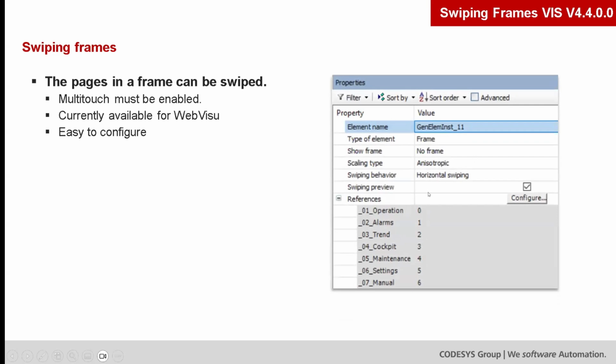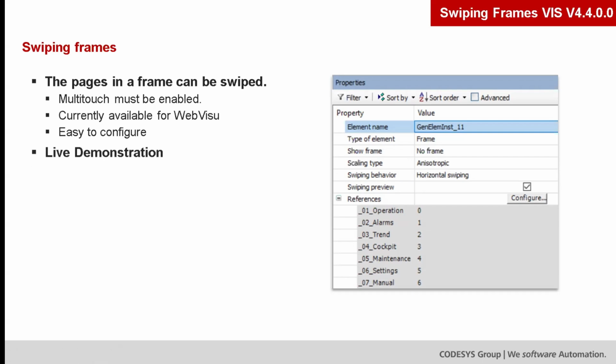This is the configuration of a frame element. And as you can see here, we have additional properties now for the swiping behavior. So you can swipe in horizontal position or in vertical position. The swiping preview shows the new content during swiping.